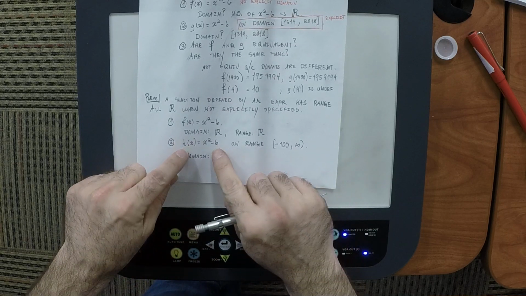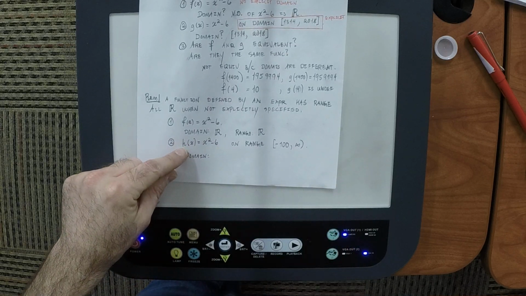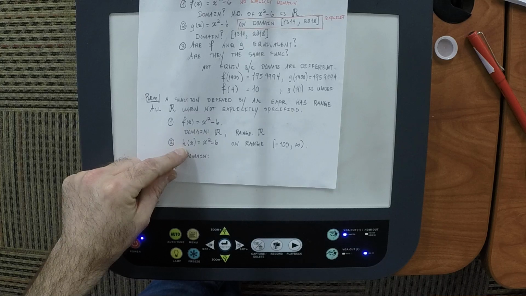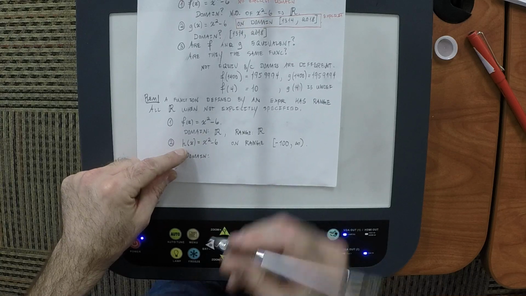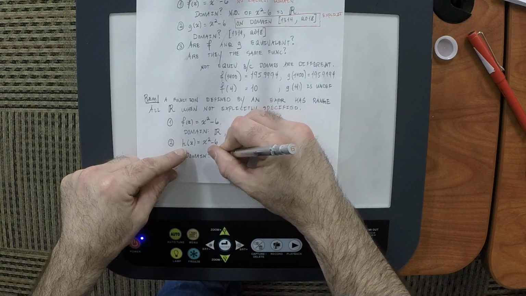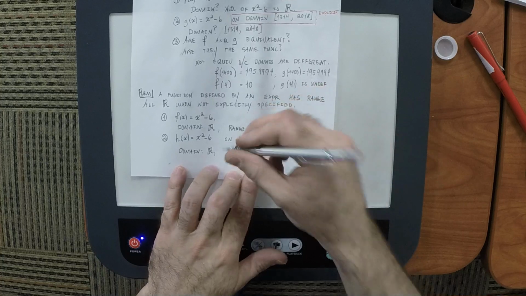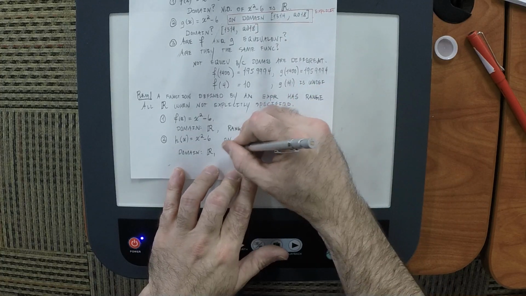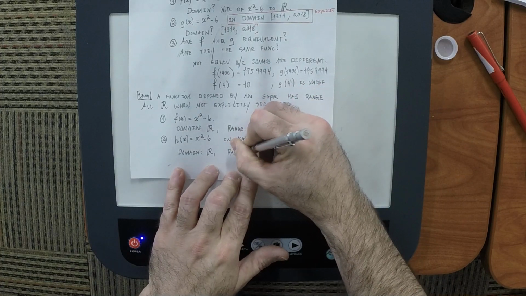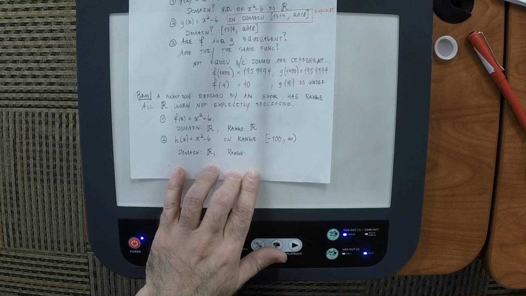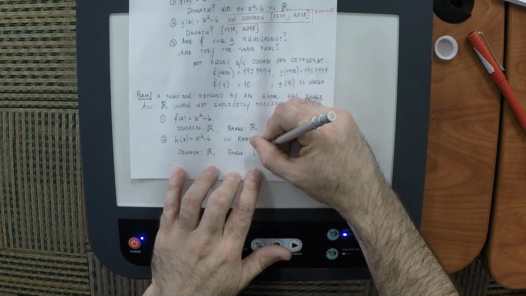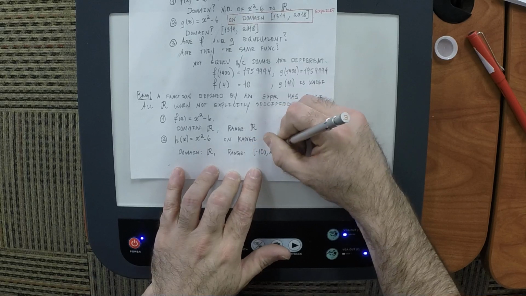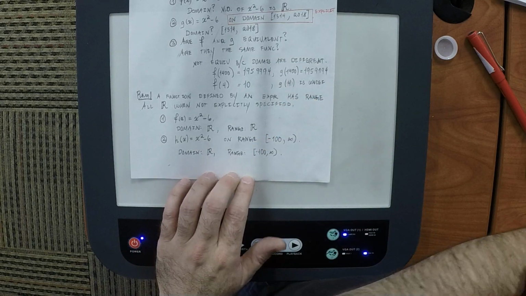Because we didn't explicitly specify the domain. That means that the implicit rule is invoked, and you say, well, what is the natural domain of that? Oh, it's all reals. And then for this function h, what's its range? All right, negative 100 to infinity. We wrote it right there. That's its range.